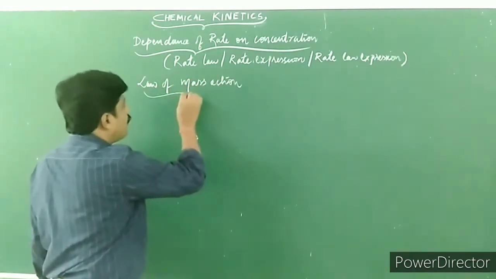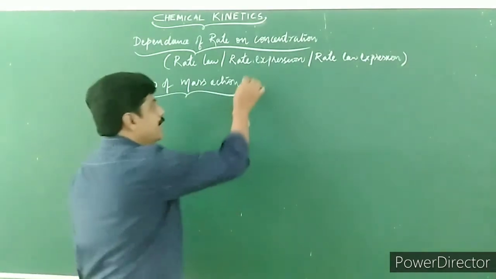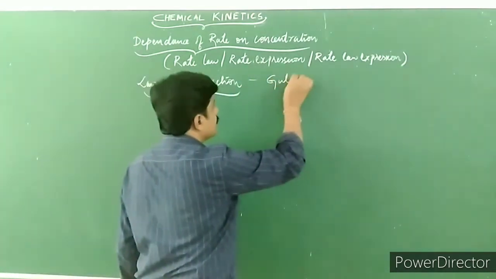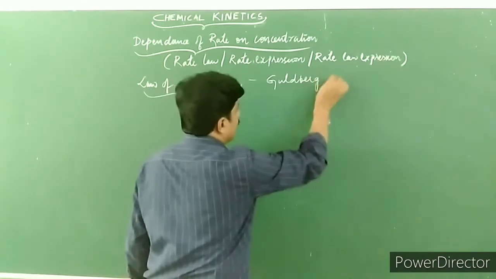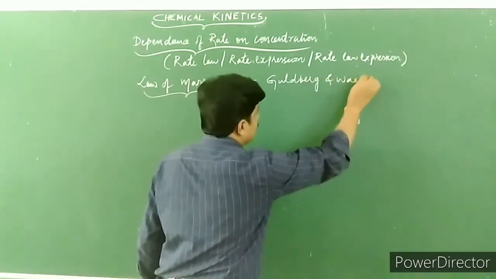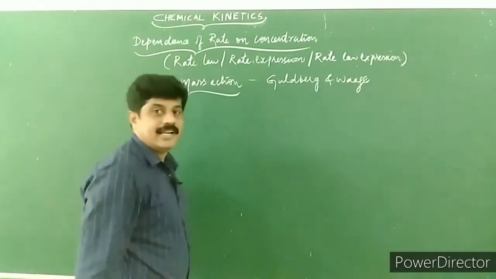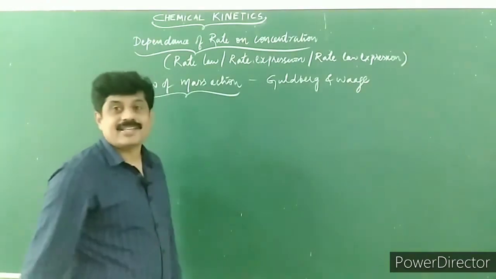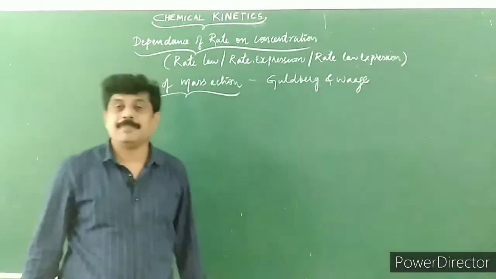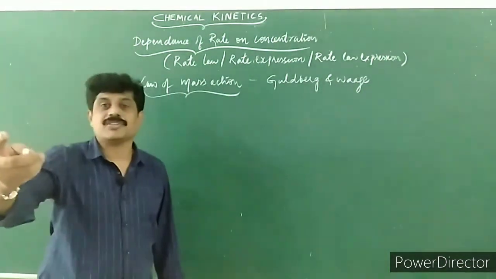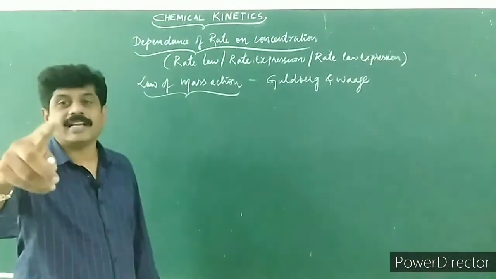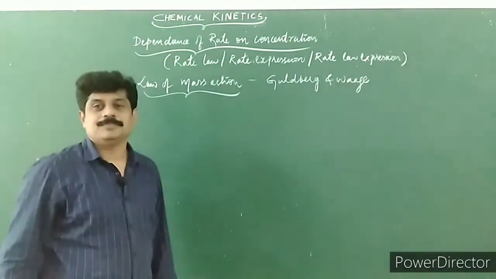Remember, this law of mass action was given by Guldberg and Waage. In other words, law of mass action is a mathematical relationship between the rate of a reaction and the concentration of the reactants at a given temperature.